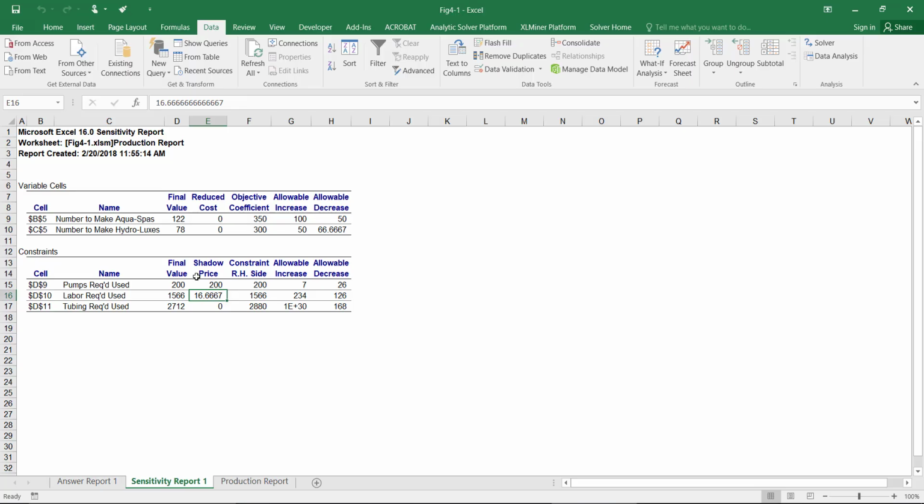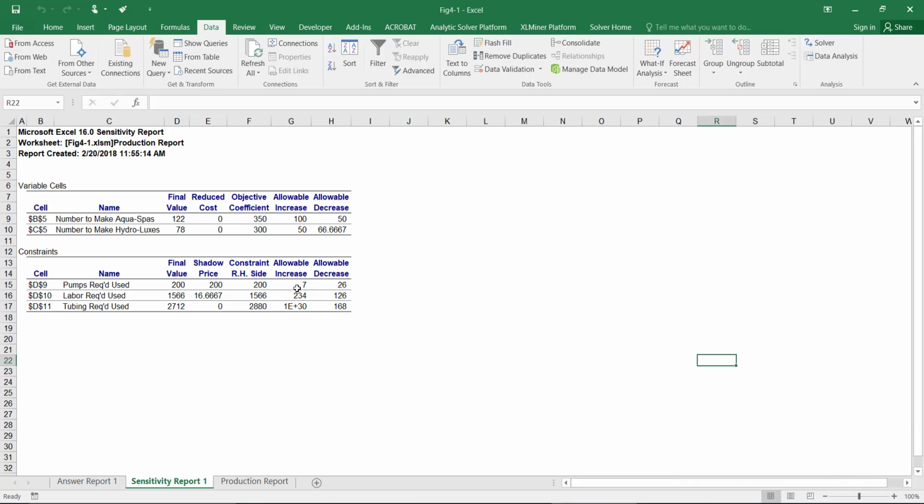That means the first constraint has much more effect on the objective function. And then we have the set of values by which we can increase or decrease the constraint. So we can increase the first constraint by 7 units and decrease it by 26 units.